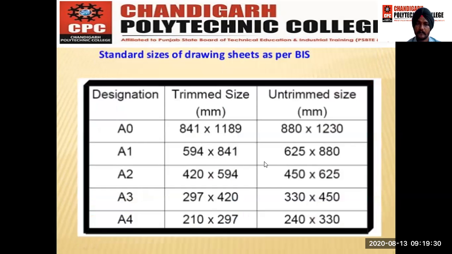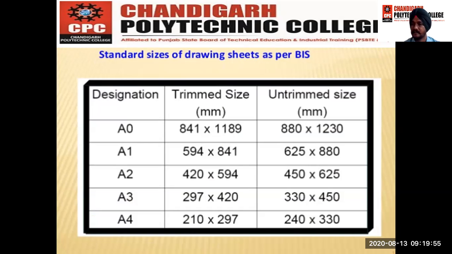Standard size of drawing sheet as per BIS. This is the standard size of the drawing sheets according to BIS designation. A0, A1, A2, A3, A4 are the different standards, and their dimensions are: A4 is the printing paper size, which is 210 by 297.